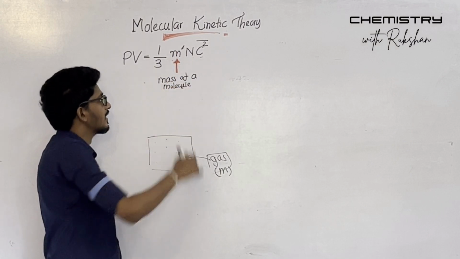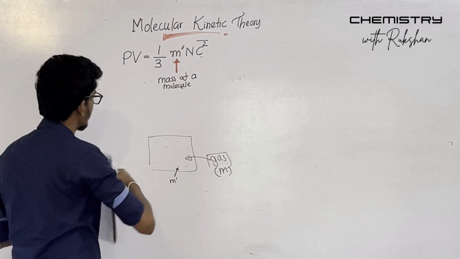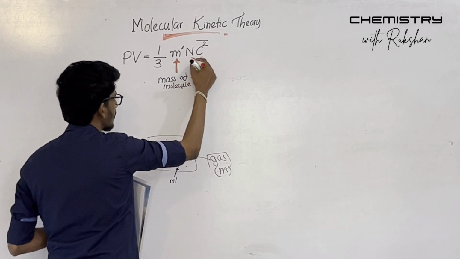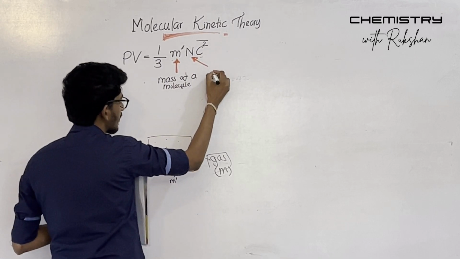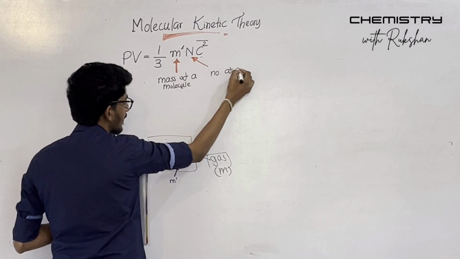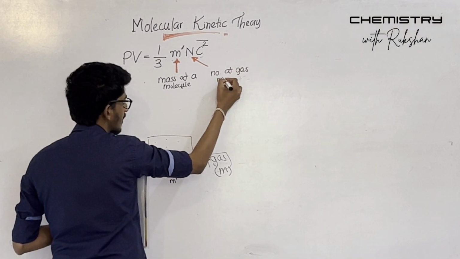N is the number of gas molecules. Mass of one molecule into the number of gas molecules in your gaseous system.